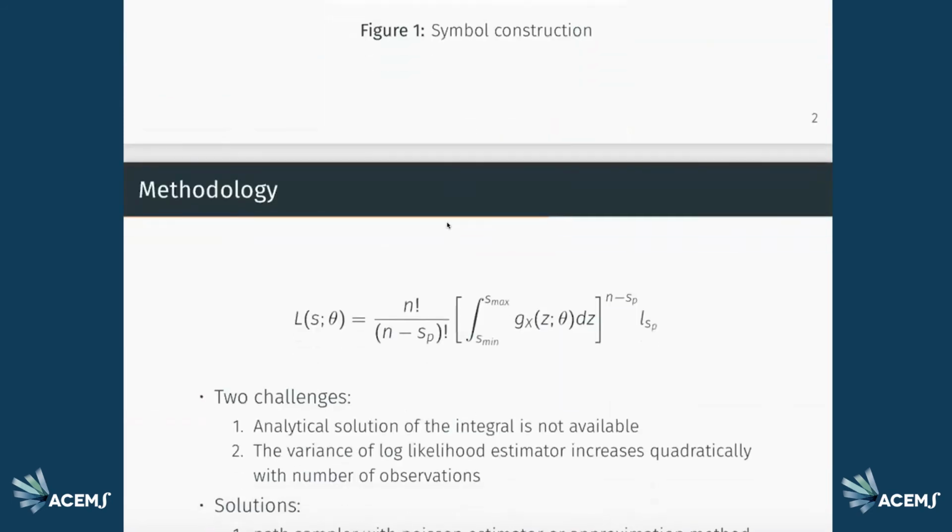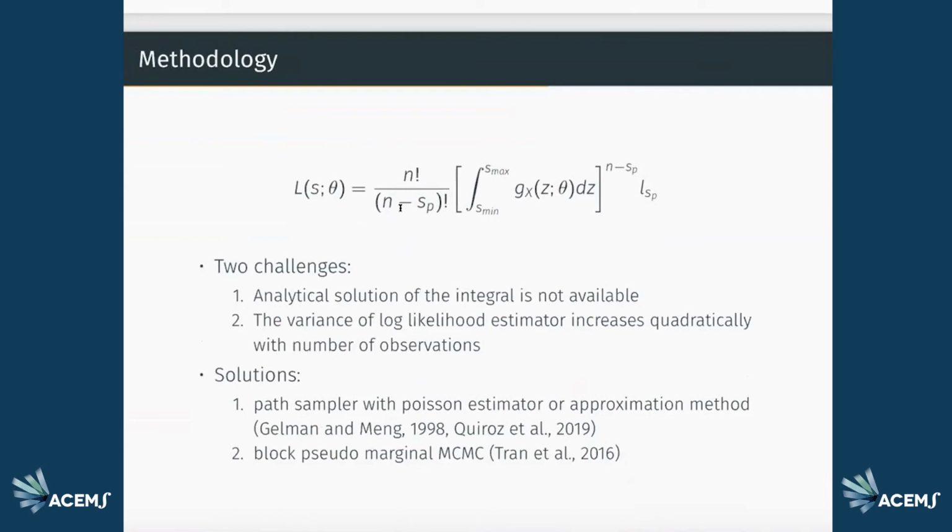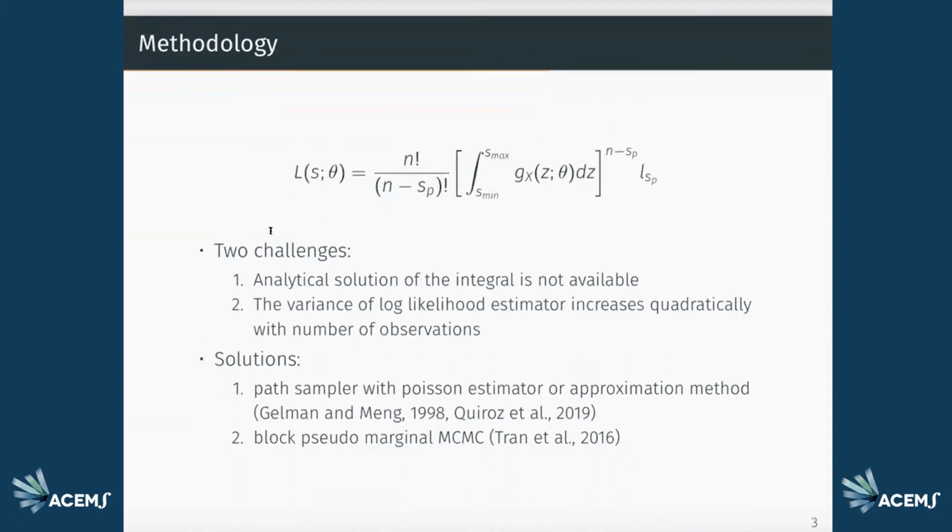The key element of doing analysis based on symbolic likelihood is that we need to compute the likelihood function itself. It brings us two challenges. The first is that the analytical solution of the integral is not always available. Even if g(x) is a simple distribution, say a multivariate normal distribution, in high dimension we can't get an analytical solution of the integral.